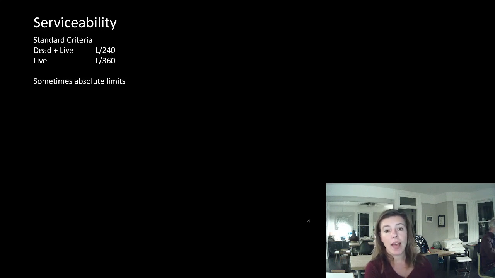You might want to look at what the absolute limits are. Would you want to be on a stair that was allowed to move an inch? Probably not. It would feel very unpleasant. So we apply the standard criteria, use some judgment and discretion on what its application is, and then sometimes we'll apply some absolute limits if we think that's relevant.